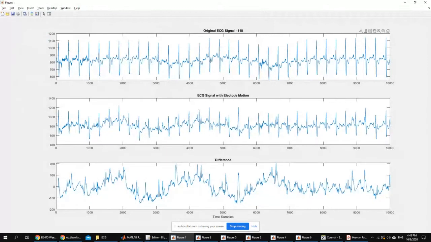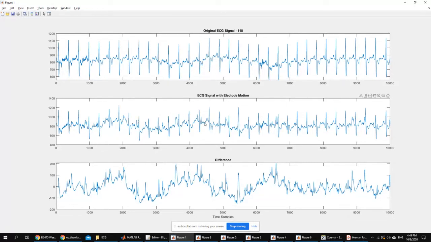This is, for example, the original signal, and this is the one with the electrode motion. This is the one that has the difference. So this is the original signal. And when we were talking about the original, if you remember from last time, at least for the baseline wander, we had some estimates for the recovery signal.